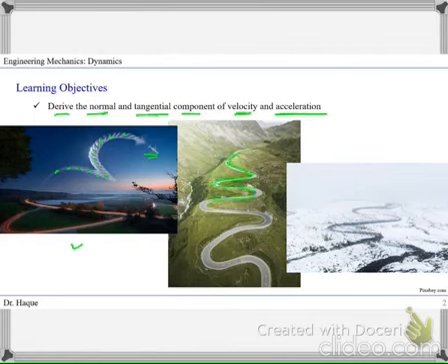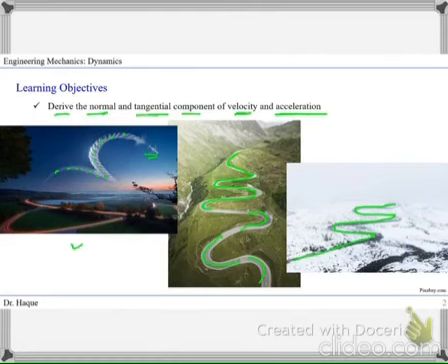In every curved position it has a tangential and normal component, same as in a rectangular area.